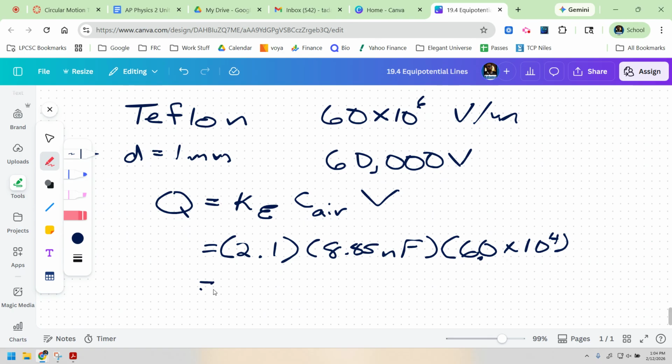So then it actually equates to 1.1 microcoulombs, or millicoulombs. Right? And so this is 40 times the charge of the same air capacitor. Okay?